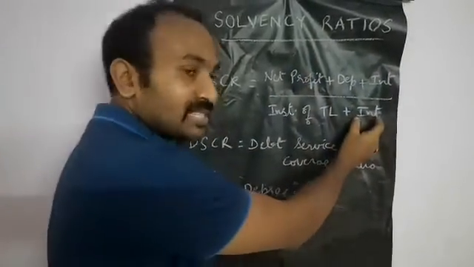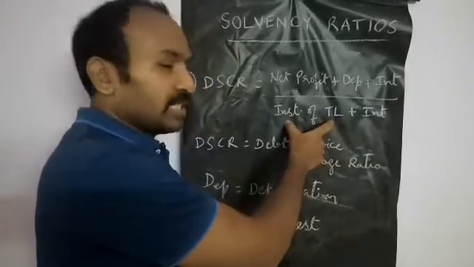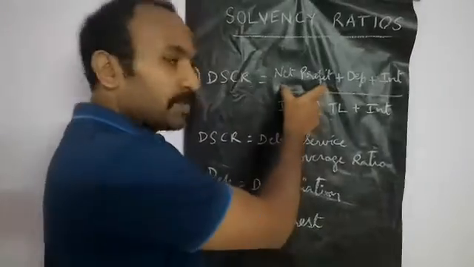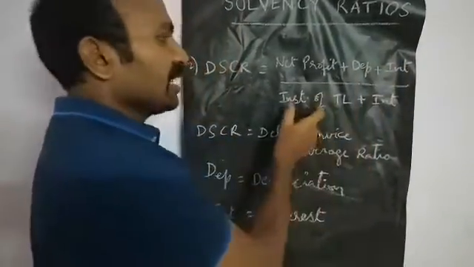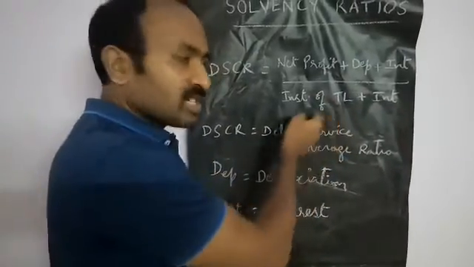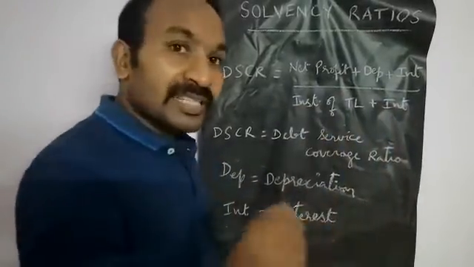So for the installment of term loan, I also add it to the denominator part. So now debt service coverage ratio is nothing but net profit plus depreciation plus interest divided by installment of term loan, total term loan installment and interest. So this means total debt service.